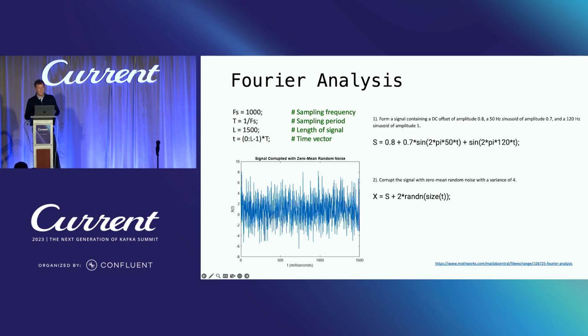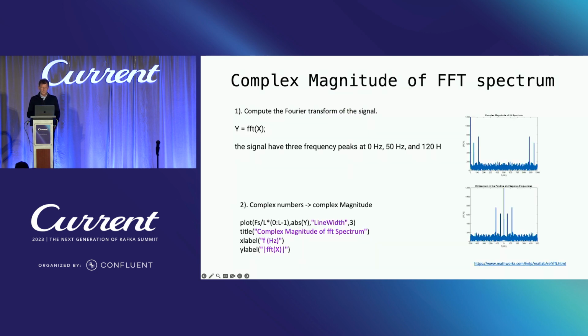For example, in this case we're passing this signal, 0.8 plus 0.7, etc., and we want to call the Fourier transform. We also add an additional random signal for noise. So we need to do several steps.